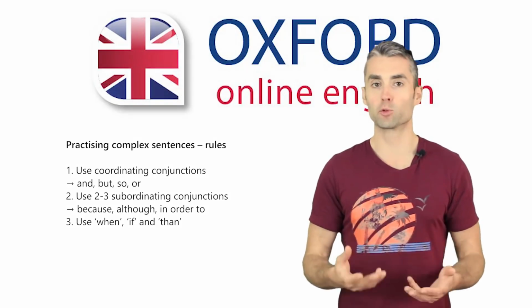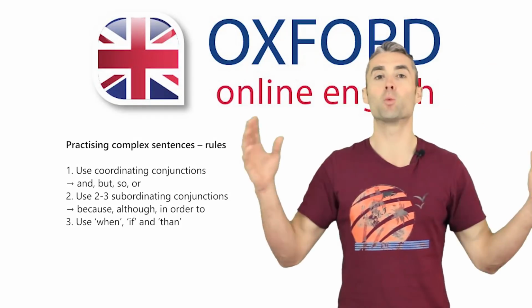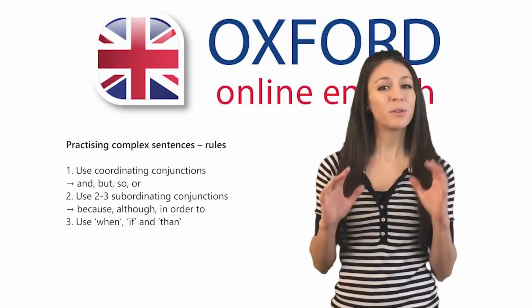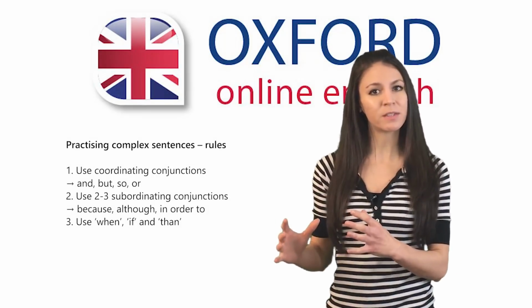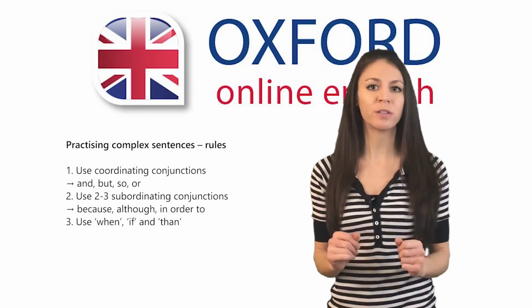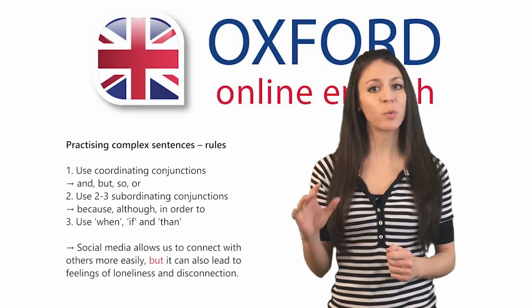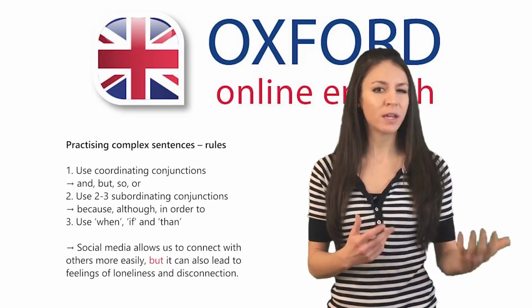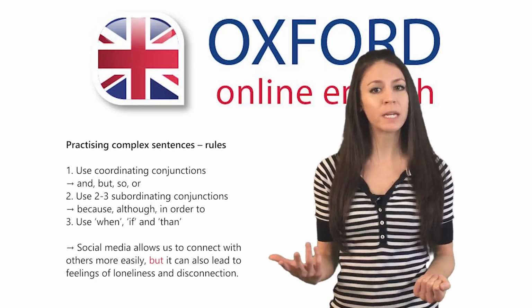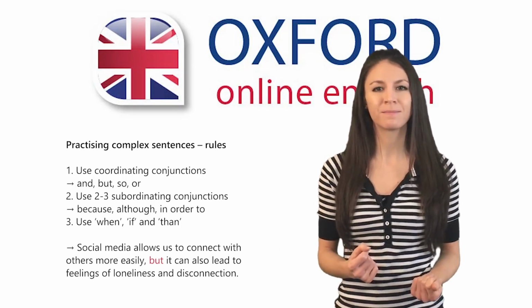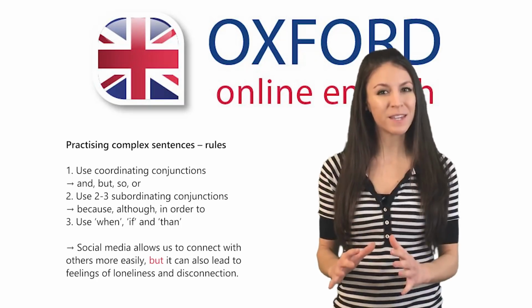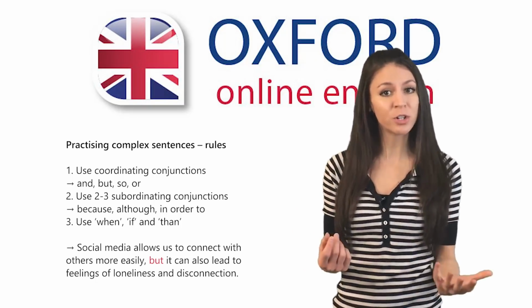Just with these simple rules, your range is now much wider. You can now connect simple sentences using coordinating conjunctions. For example, social media allows us to connect with others more easily, but it can also lead to feelings of loneliness and disconnection. You can form complex sentences with subordinate conjunctions.